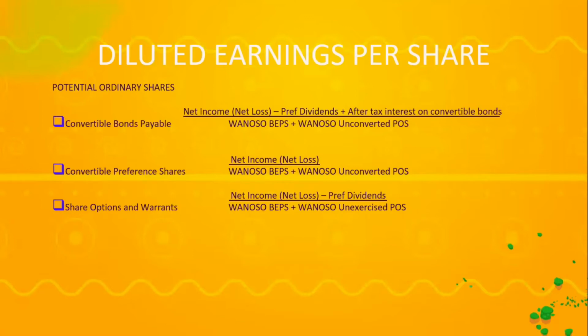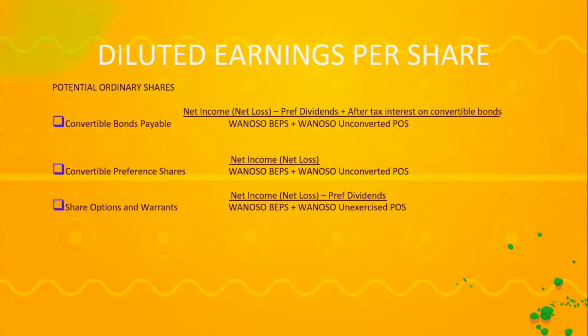Of course, for convertible bonds, we said, the assumption is that it's as if the conversion has been made, and assumption number 2 is as if it has been converted at the earliest possible time. So what's the formula?